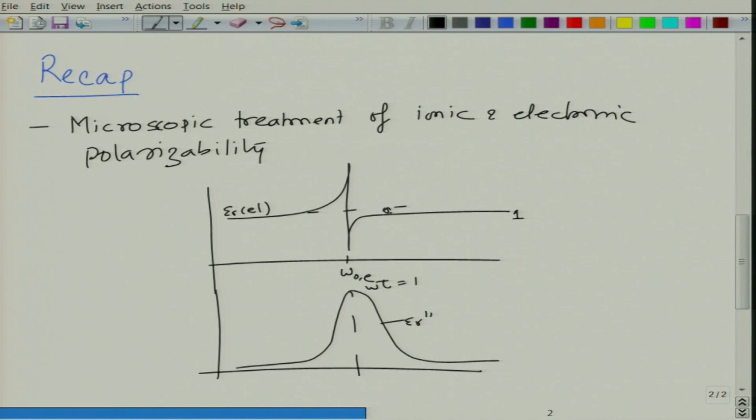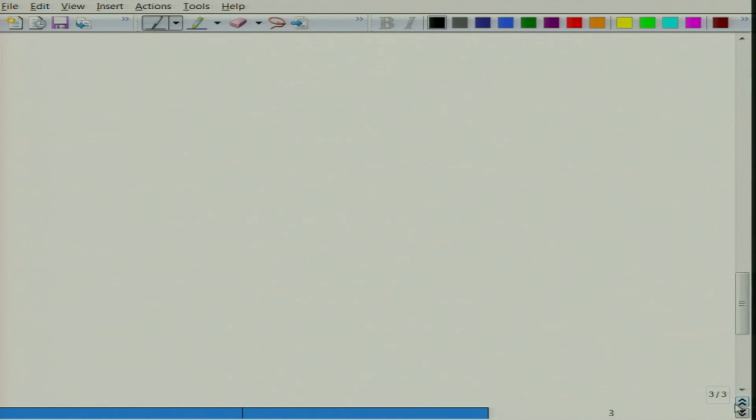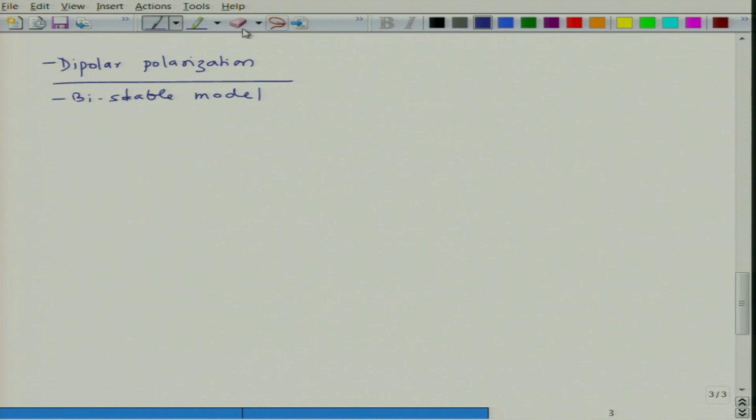So, this is what we saw, and we also started with a simple model for our dipolar relaxation or dipolar polarizability. For dipolar polarization, we started with the bistable model, where we assume that you have a molecule, let us say like this, connected in this fashion, and this molecule transverses to another position which is like this.